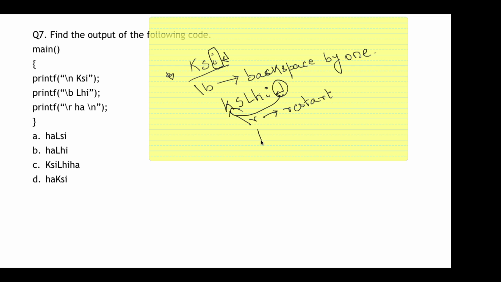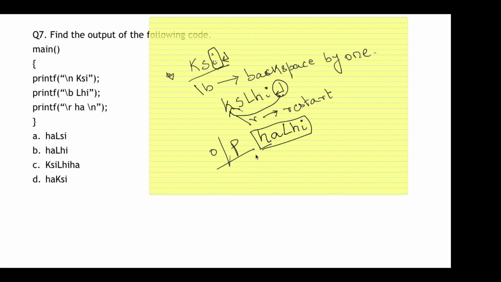So K will be replaced by H, S will be replaced by A, and then there is nothing to replace, so it will simply print LHI. So this is the output. So my answer is option B.